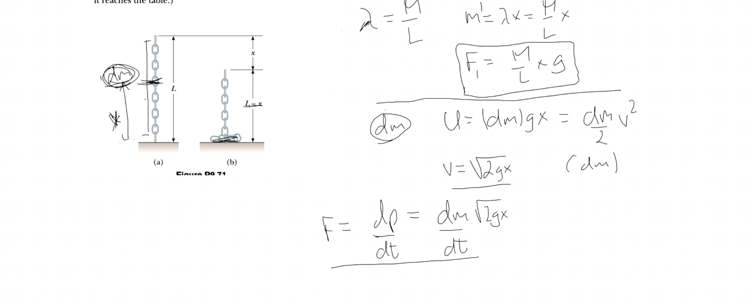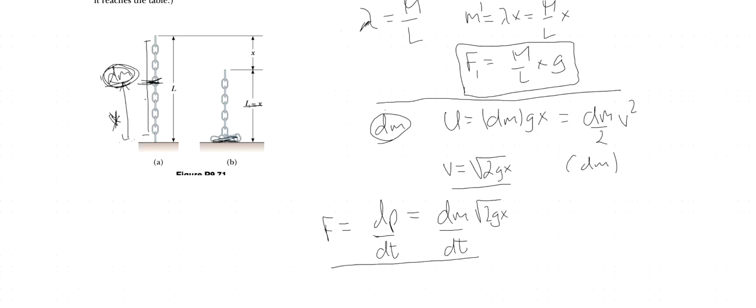Because this object falls through a distance x, and then its momentum is zeroed. You might say re-zeroed, because it's zero also initially. And it's zeroed in an infinitesimal time. So this is going to be the expression of the force.